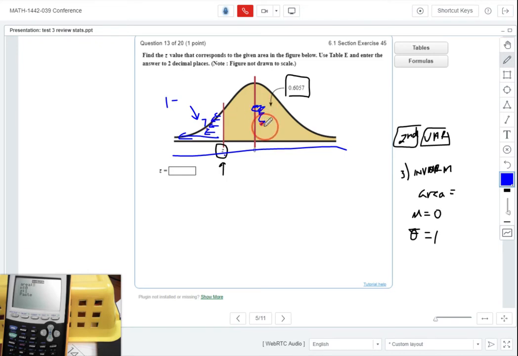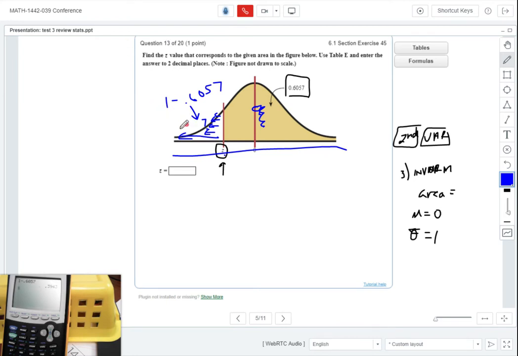So this area is 1 minus this area. This area is 1 minus all this, and that's 0.6057. So on my calculator, you can just do 1 minus 0.6057 for the area, but I'm going to go ahead and calculate first. 1 minus 0.6057, and I typed in something wrong. 0.6057, and I get 0.3943.